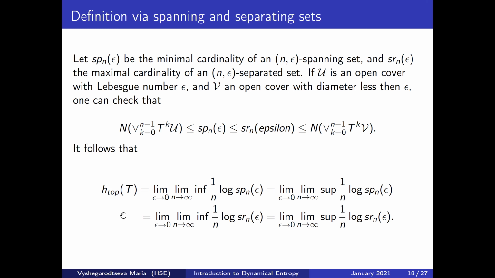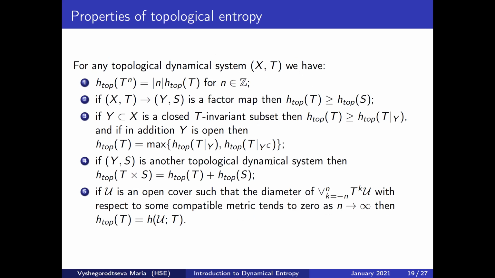So here on the slide we have a definition using both separating and spanning sets. And this is how we can define topological entropy as a measure of the distortion of iteration of T. So again, we have a list of properties.